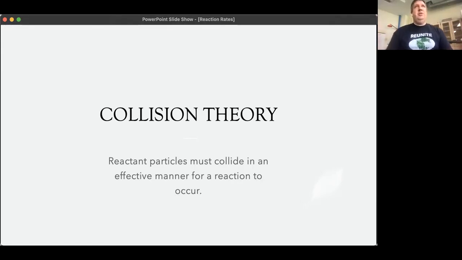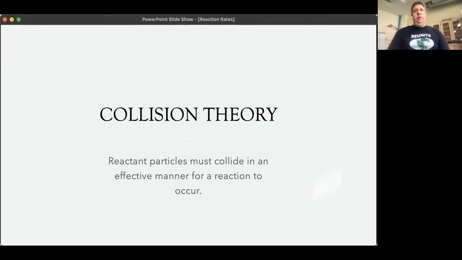The individual particles of the reactant have to come together. They have to collide, and they have to collide in the right way. If the molecules don't collide at the right speed and the right angle and all of these things, the reaction doesn't happen. So this becomes a probability question when it comes to how quickly a reaction progresses.